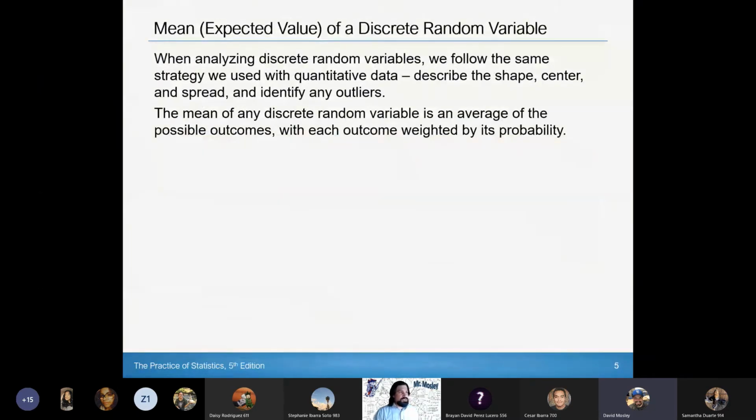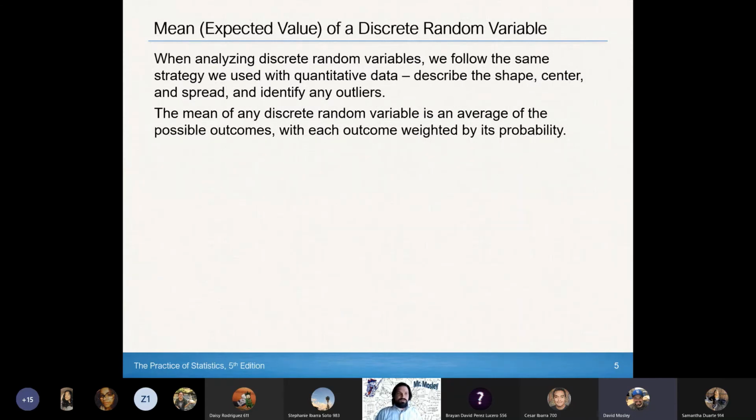So now the mean or expected value of a discrete random variable is what we'll talk about next. When analyzing discrete random variables, we follow the same strategy we used with quantitative data. We're going to describe the shape, center, and spread and identify outliers. The mean of any discrete random variable is an average of the possible outcomes with each outcome weighted by its probability.